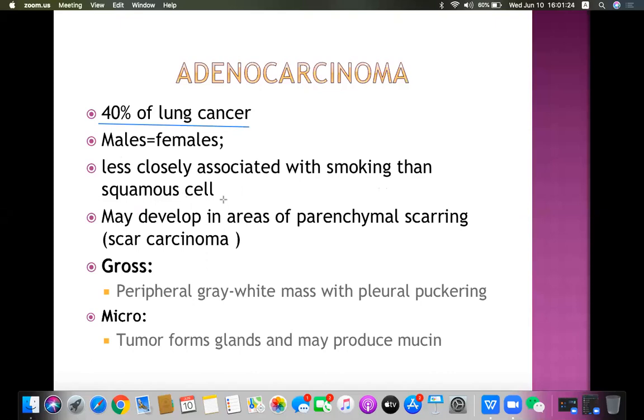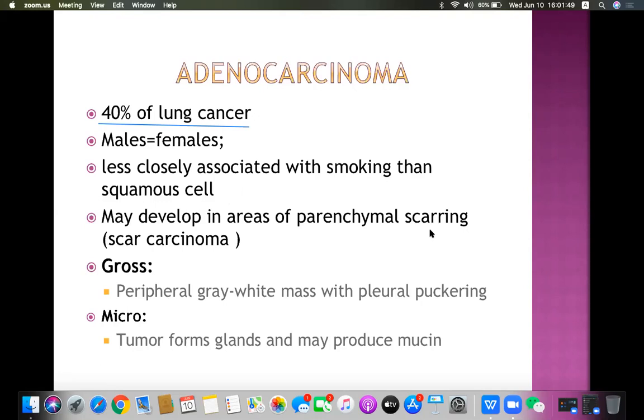So you must have heard about this fact. Even the people who never smoked in their life have suffered from bronchogenic carcinoma. So usually these types of cancers are adenocarcinoma. Probably some other pathogenetic mechanism is responsible, like genetic mutation.